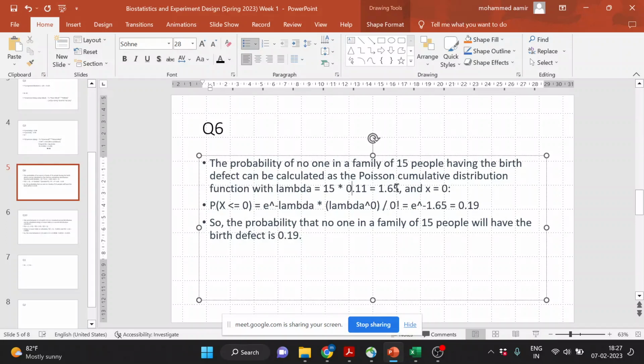That's the rate. Now you need to calculate the probability that no one gets affected among these 15 people. Did everyone get that? Can I hear a yes or a no? Yes, sir. Okay, great.